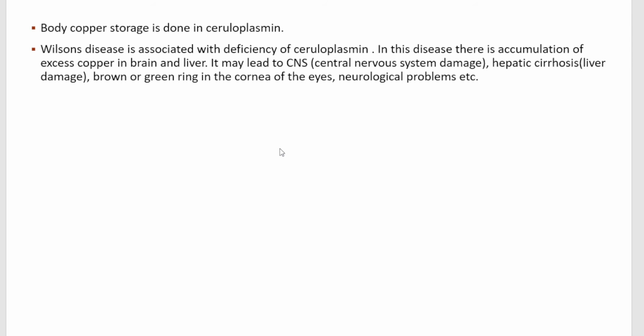The reason is that there is a deficiency of ceruloplasmin, whose function is to take up this excess copper and detoxify it, or take it out of your body, or circulate this copper, correct? But because there is a smaller amount of ceruloplasmin protein in your body, copper accumulates in the brain and liver, and this can lead to central nervous system damage, hepatitis, formation of a brown or green ring in the cornea of the eyes, and different neurological problems.